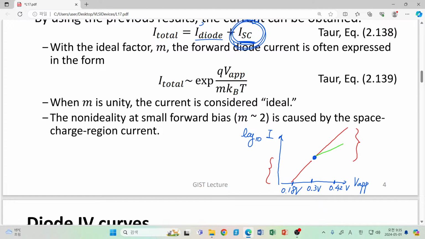When we apply higher voltage, we want a steep increase of current, and when we decrease the voltage, we want a steep reduction of our current.